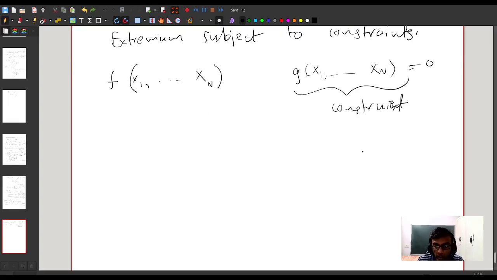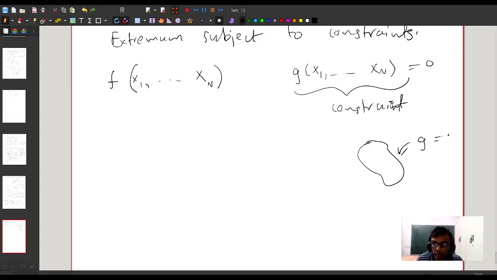So schematically, this is the full space of n dimensions, and this is a constraint surface, G defined by G equal to 0. So stationary points mean that the variation of f, the function, must be 0.